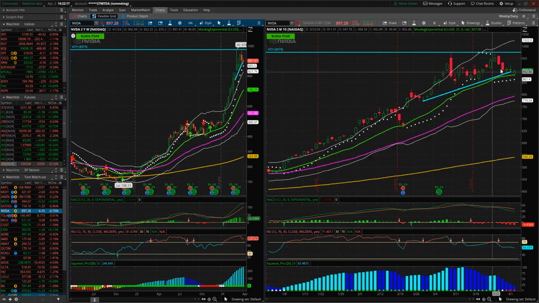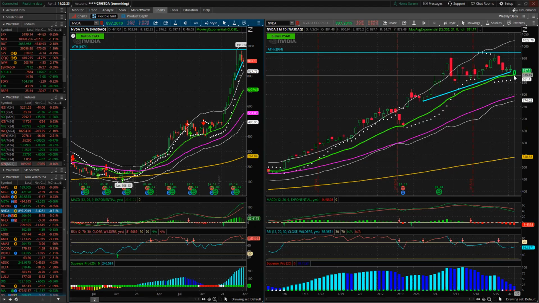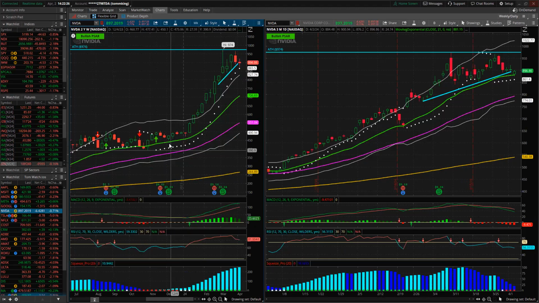NVIDIA, an ascending wedge, or ascending triangle, I should say, but breaking to the downside here. But overall, this candle here, no follow through, but this was a big hammer. Okay, still a decent wick to the upside. Okay, inverted hammer.